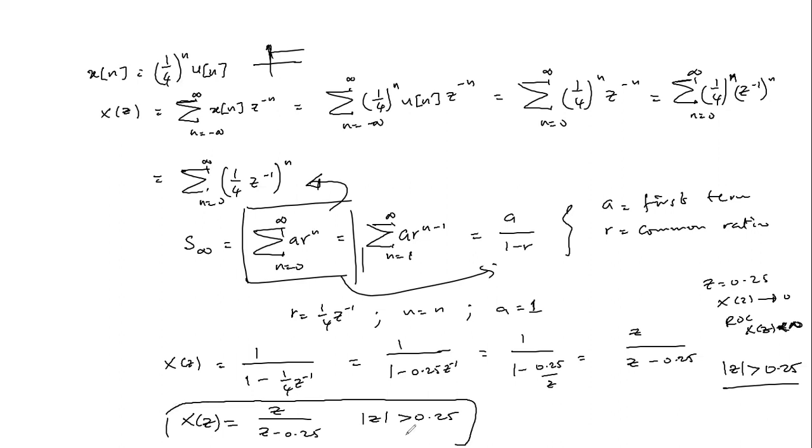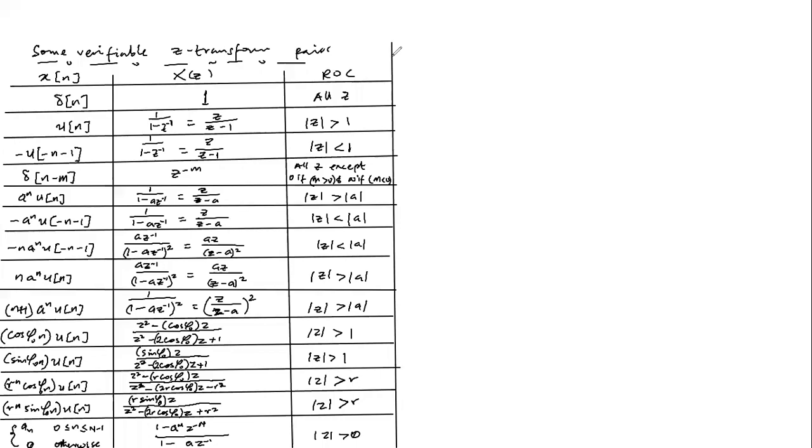Okay. Now that we have done this, let us look at some verifiable z transform pairs and then solve a few problems. So here are some of the verifiable z transform pairs, and let us play with an example.